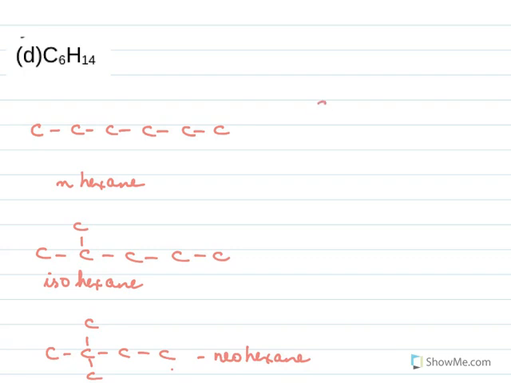You could have many more also, like you have 1, 2, 3, 4, 5. I could attach it at this place, at the 5th place. So we could have here and here also 1, 2, 3. This too, of course, is also neohexane. So there could be different arrangements where you can attach the carbon at different places.